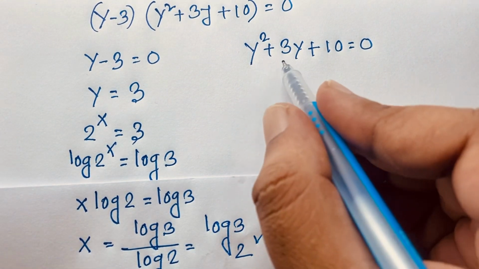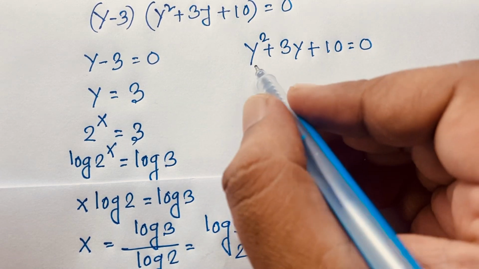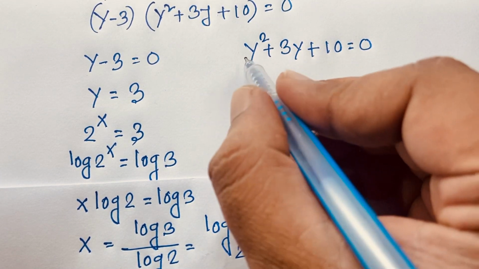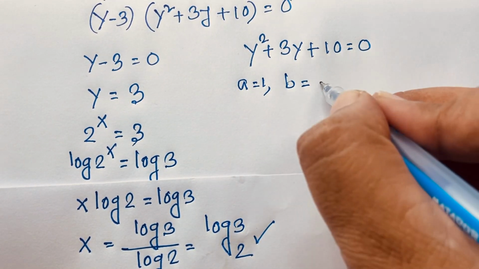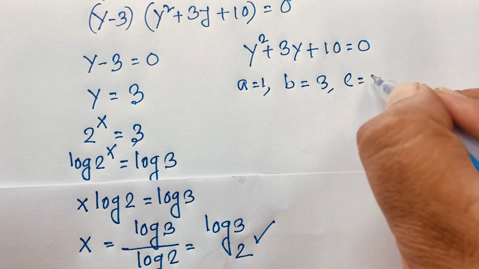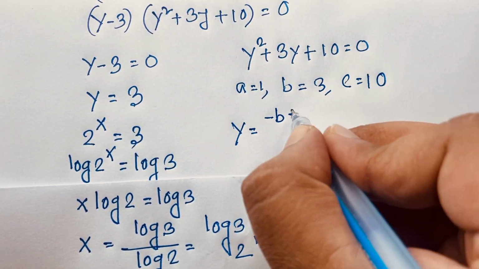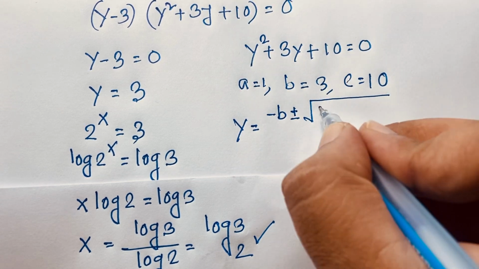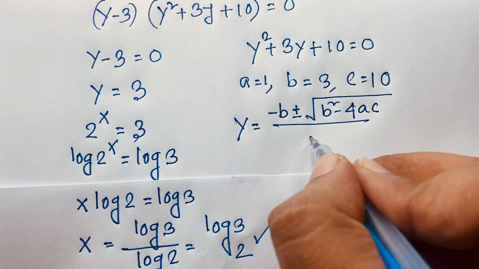But here y is equal to what? I think it is a complex solution. It is a complex number. Here in this root, I can say that a is equal to 1, b is equal to 3, and c is equal to 10. Then y will be minus b plus minus square root b square minus 4ac over 2a.